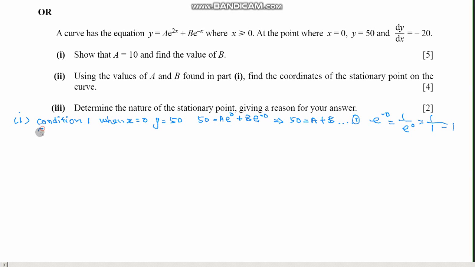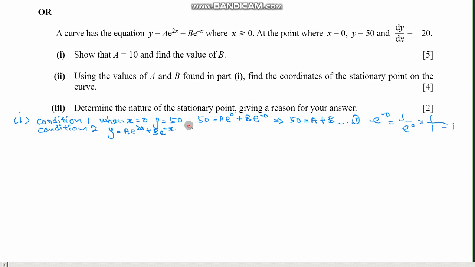Now, your condition 2 is when x equals 0, dy/dx equals minus 20. So you have to differentiate to obtain the gradient function. So y equals a e^2x plus b e^minus x.